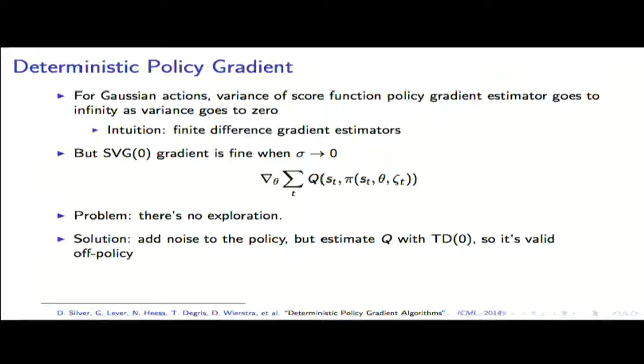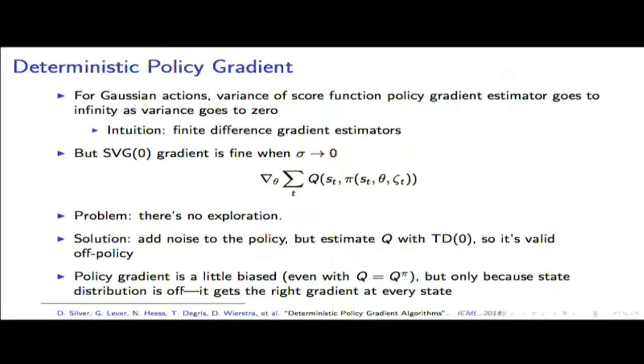What they propose in the paper is that you use TD0 to estimate the Q function. So you can do an off-policy estimate of the Q function of the noiseless policy and use that to estimate the policy gradient for the noiseless policy, even though you're sampling from the noisy policy. So it's a kind of off-policy sampling.